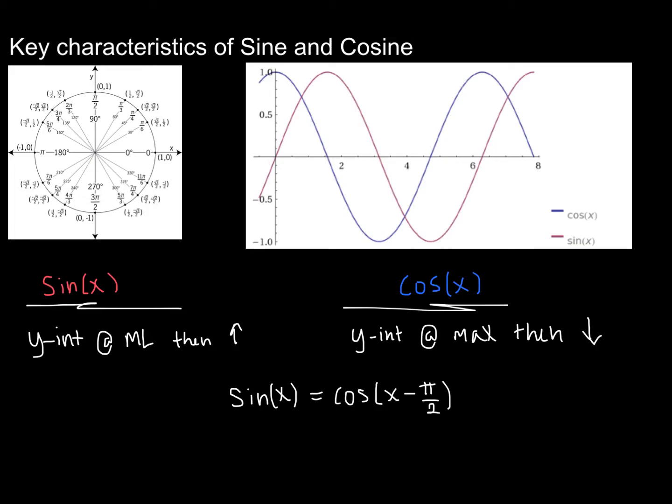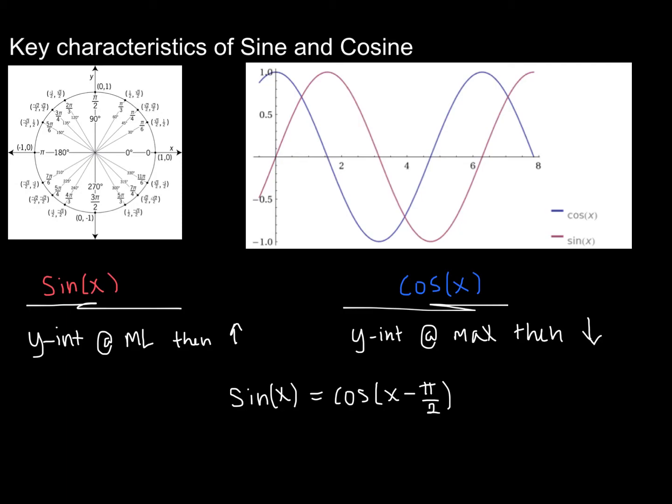And notice that if I have a cosine function and I subtract pi over 2 from the x value, in other words, I phase shift it pi over 2 units to the right, it is now a sine function without the phase shift.